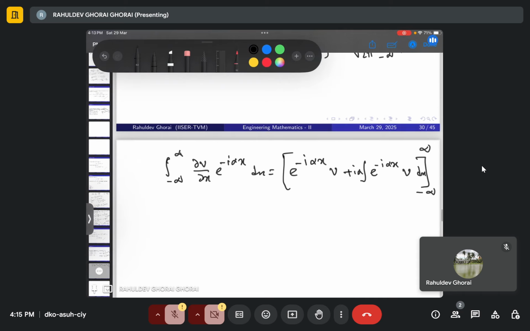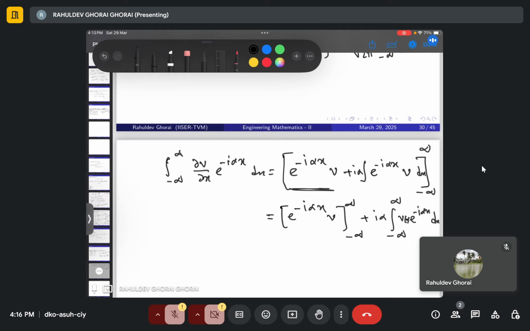So what does that give you? That is nothing but e to the power minus I alpha x times v, from minus infinity to infinity, plus I alpha integral from minus infinity to infinity of v e to the power minus I alpha x dx.